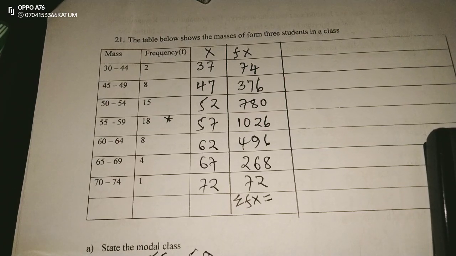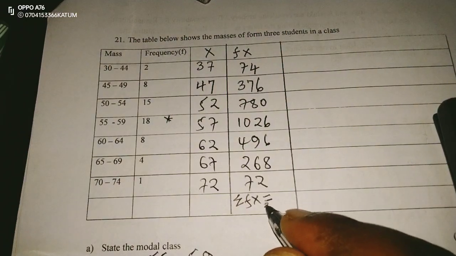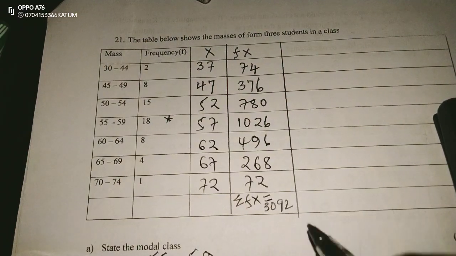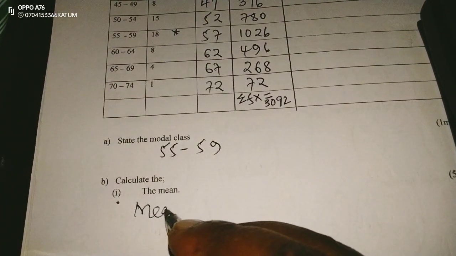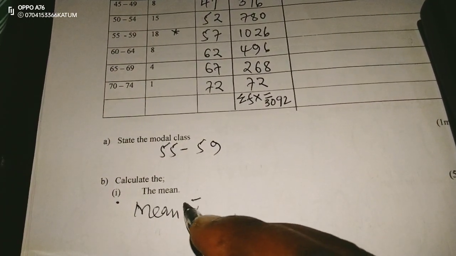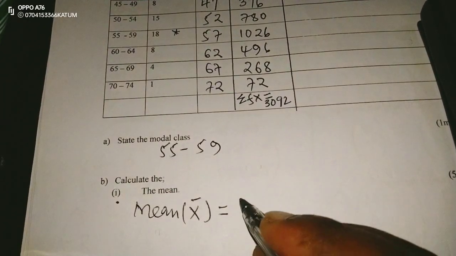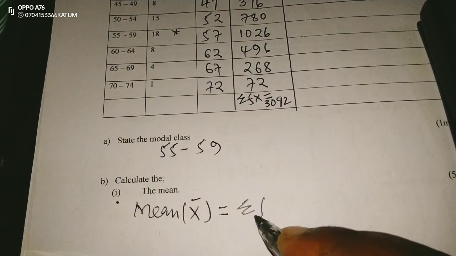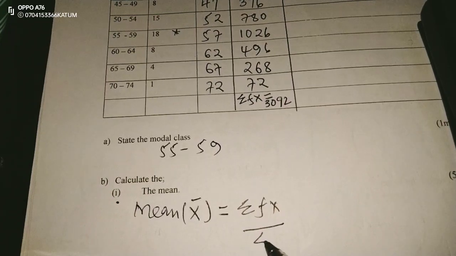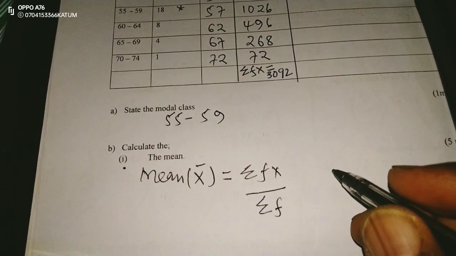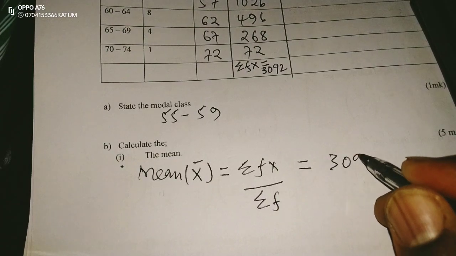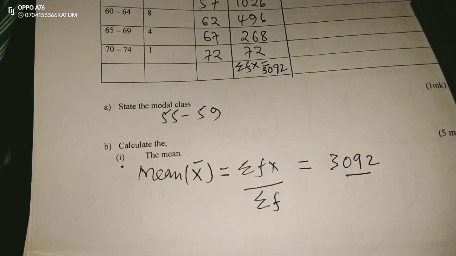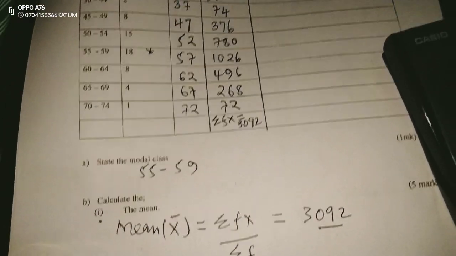This is going to give us 3092. So now we will say that the mean is usually given by the sum of fx out of the sum of f. This is equal to 3092 out of the sum of f.